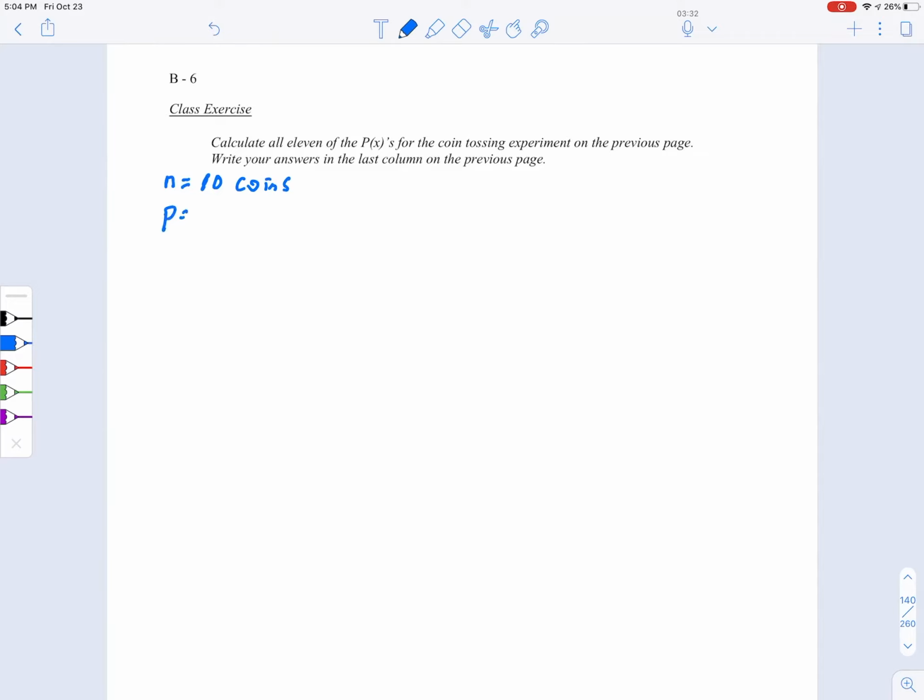P is equal to 1/2, and that's going to be the probability of getting a head, on a per coin basis. So in binomial language, we would say that we have 10 trials, and P is the probability of success per trial.